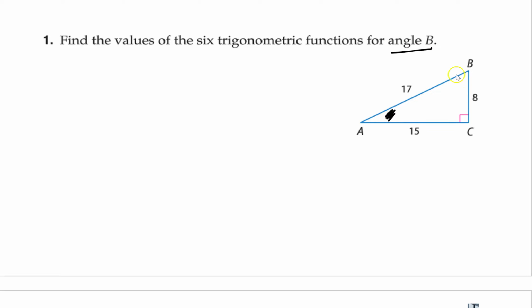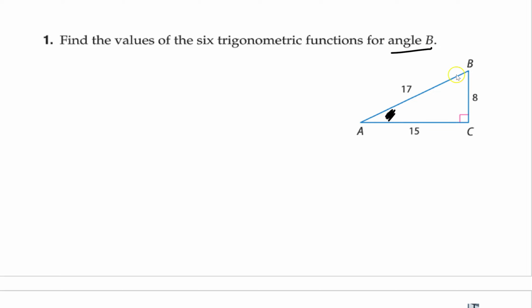So 8 over 17, which makes secant 17 over 8. And then tan is TOA, opposite over adjacent, 15 over 8. And cotan is 8 over 15. And that's how I find the 6 trig functions if I give you a triangle. Just label the sides, SOHCAHTOA it, and then you're good.